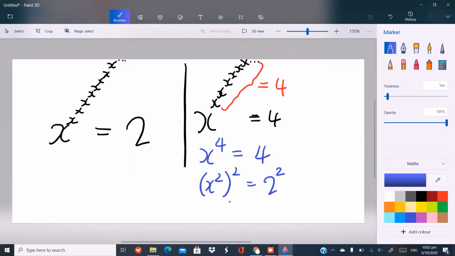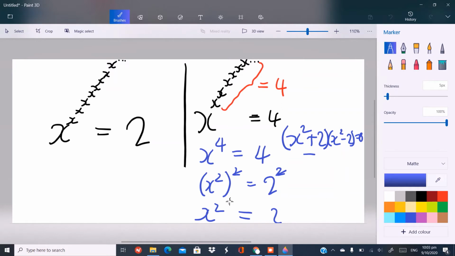So simplifying this, x to the power of 2 equals 2. Now we can always do this and we get this solution, which is what we need.